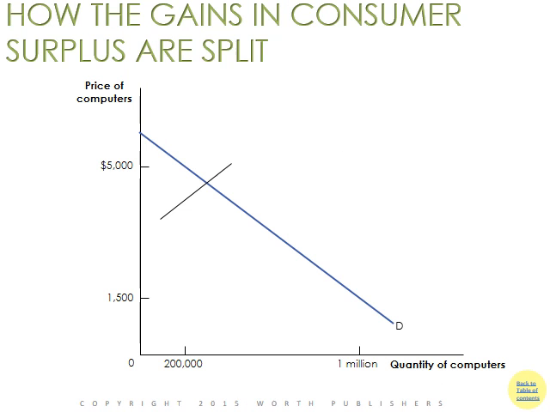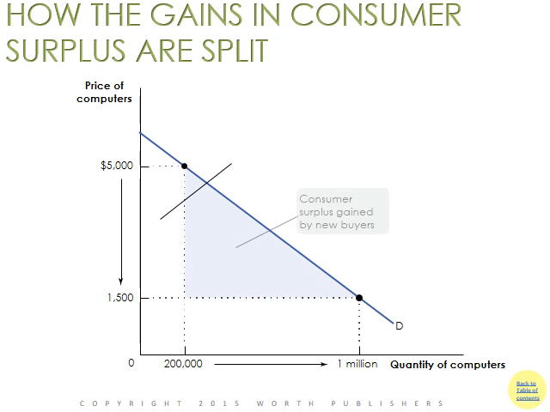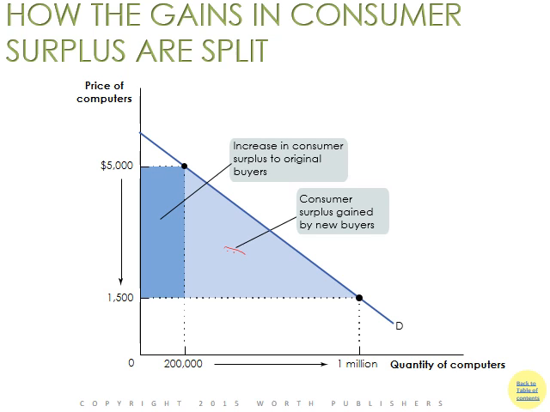This slide for the computer market reiterates this point. When there's a drop in price, additional consumers are willing to buy the product, and they receive consumer surplus, and existing consumers that purchased the product previously continue to buy the product, but at the lower price it expands their consumer surplus.